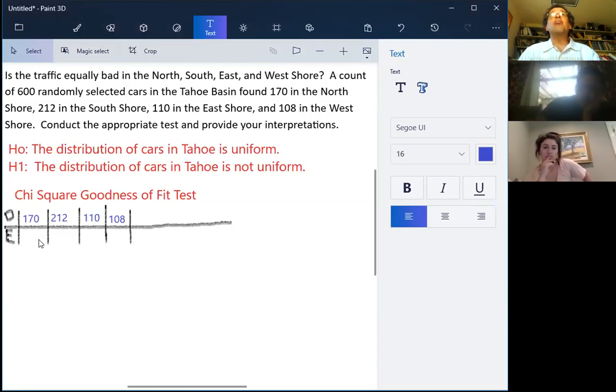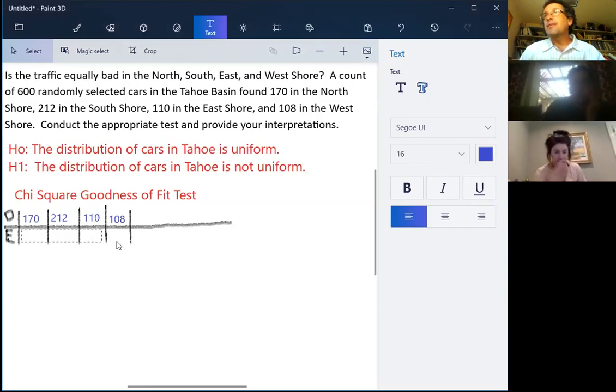And Robert, how'd you get 150? 600 divided by 4. Exactly. So there's 4 different shores and 600 cars. If it was completely uniform, you'd do 600 divided by 4, and you'd have 150 in each. Is that clear?